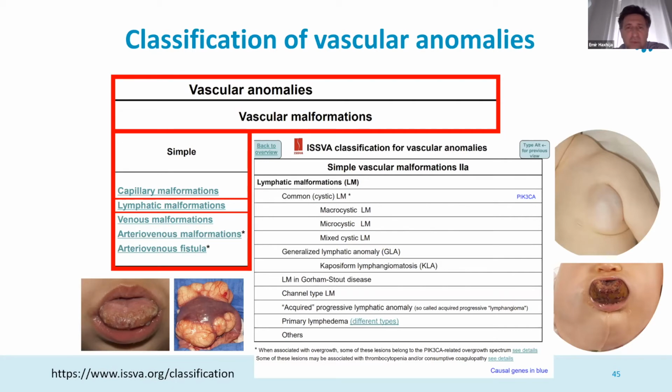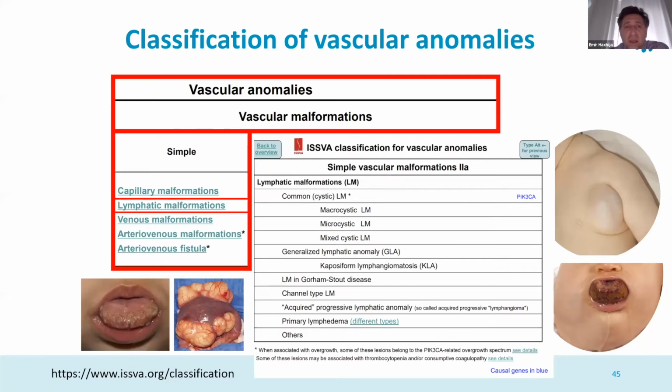To distinguish between them, we will need imaging. It has been shown that these lymphatic malformations are due to mutations in the PIK3CA gene, which is responsible for the majority of lymphatic malformations, but also for a number of overgrowth syndromes we will talk about a little bit later.